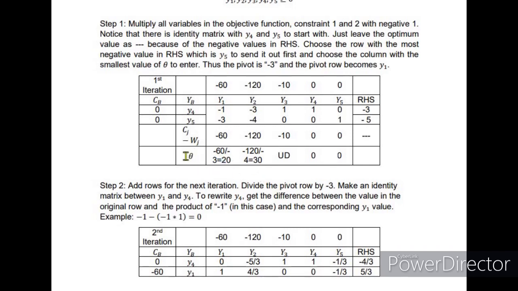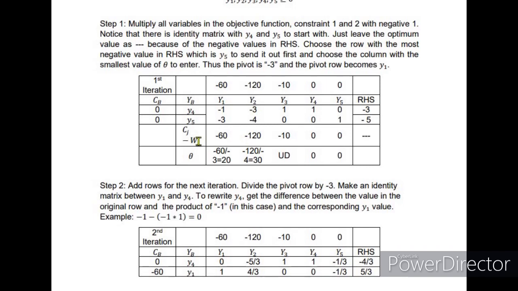Because we have chosen negative 5, row y sub 5, we will now divide the c sub j minus w sub j with the elements here, which is negative 3. Here you also notice that z sub j becomes w sub j.